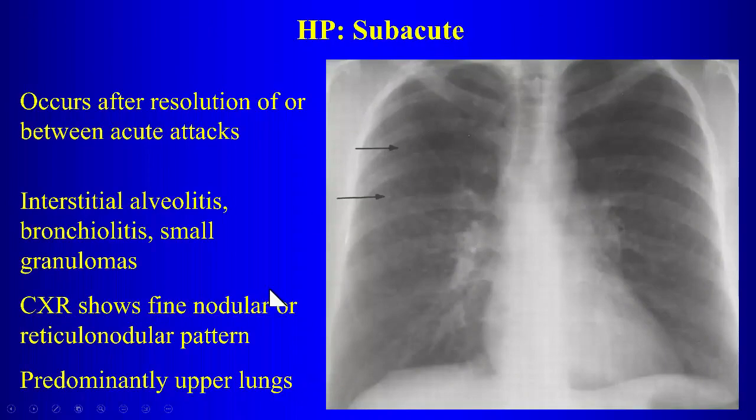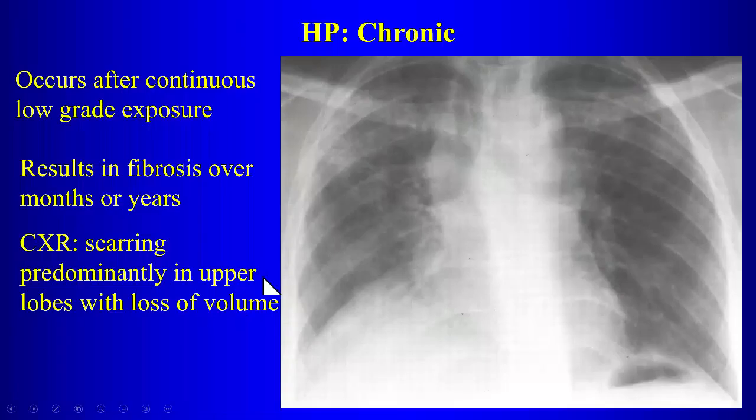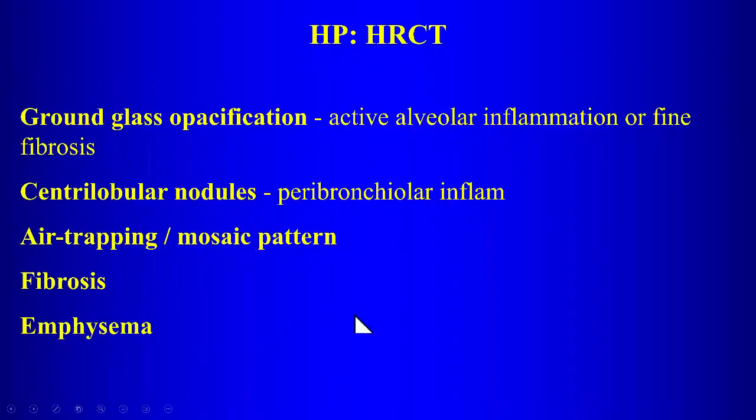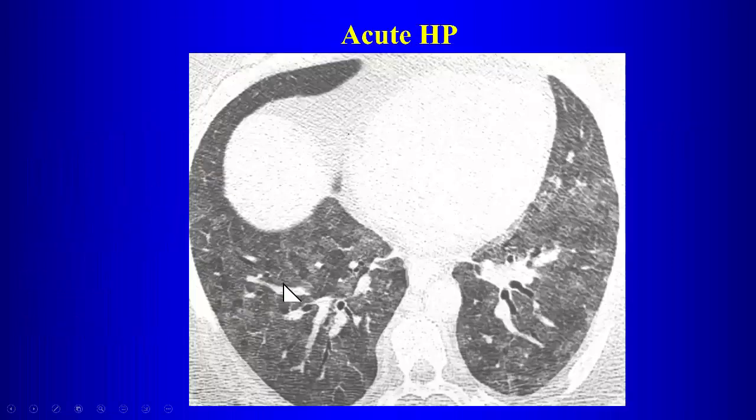And then what used to be the subacute form is when you would have central lobular nodules with hypersensitivity pneumonitis. It causes fibrosis with chronic hypersensitivity pneumonitis, and it might be upper lung predominant. On CT, we look for ground glass, central lobular nodules, air trapping, fibrosis, and emphysema.